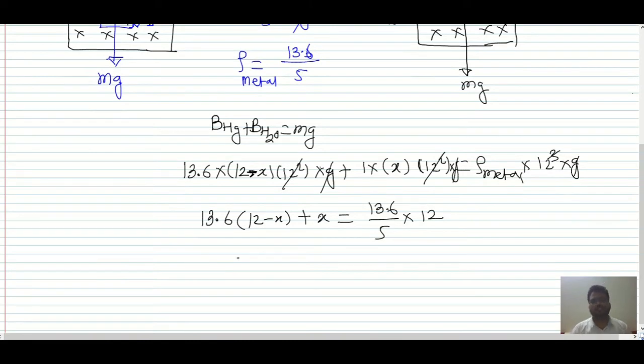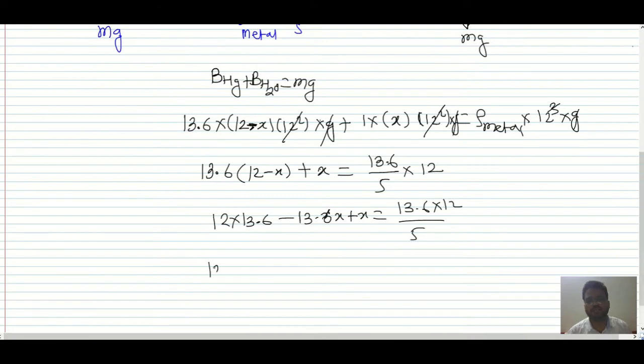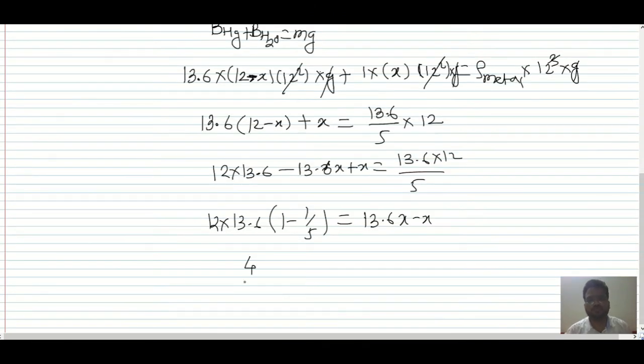So अगर इसको सॉल्व करोगे आप, so you will get 12 into 13.6 minus 13.6 x plus x is equal to 13.6 into 12 divided by 5, and as you can see 12 into 13.6 common, 1 minus 1 by 5 is equal to 13.6 x minus x. बस अब इसको सॉल्व करो. सो 4 by 5 into 12 into 13.6 is equal to, we have this is 12.6 x.